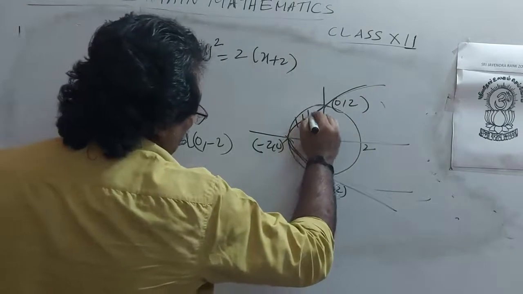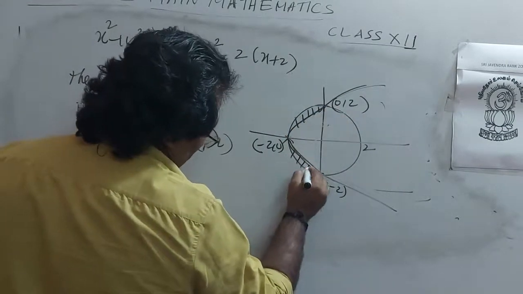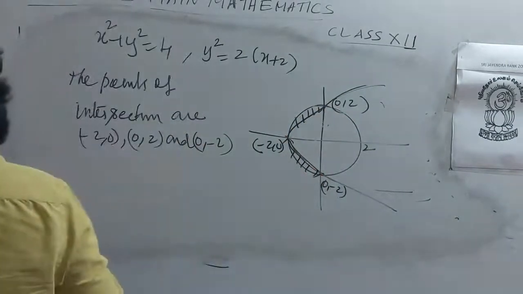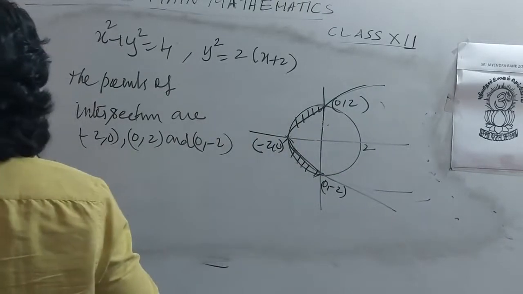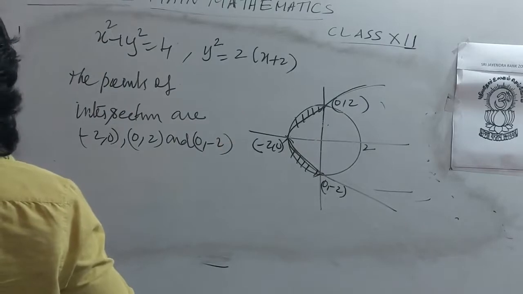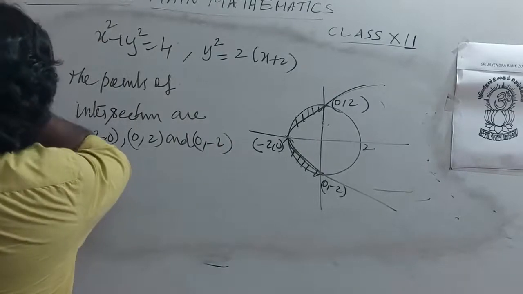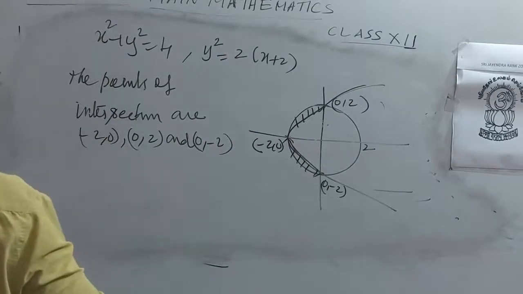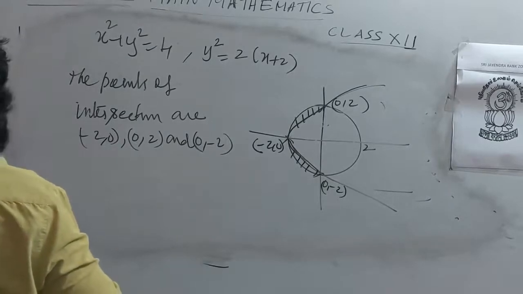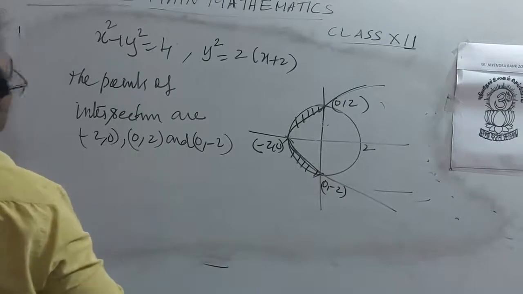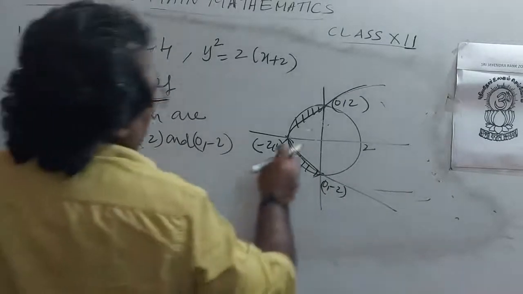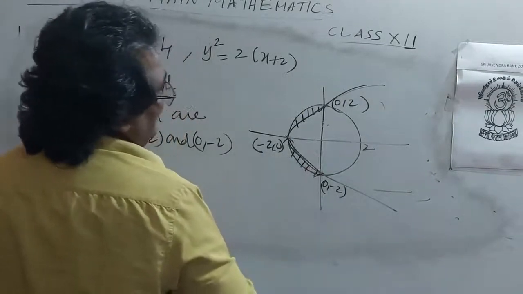We have to find this area only. Area bounded by this circle and this parabola. This and this are equal.